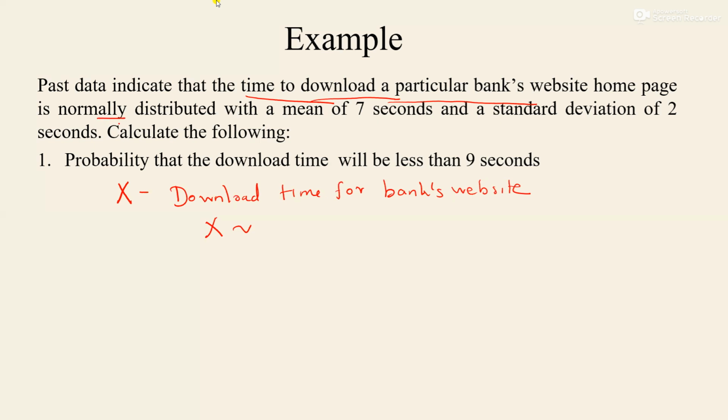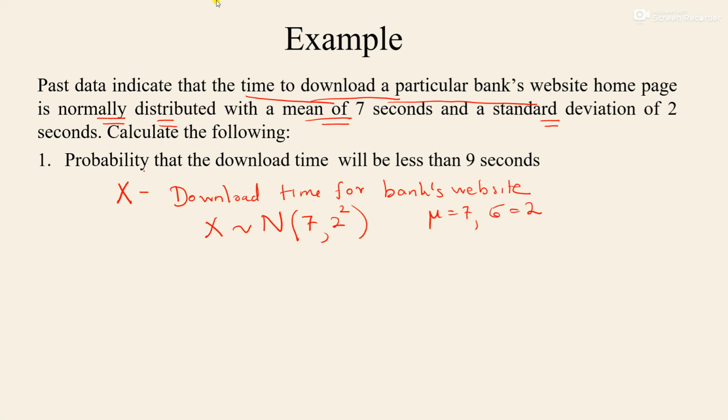Normally distributed, so we have to give the two parameters: mean of 7 and standard deviation of 2, where mu is equal to 7 and sigma is equal to 2.